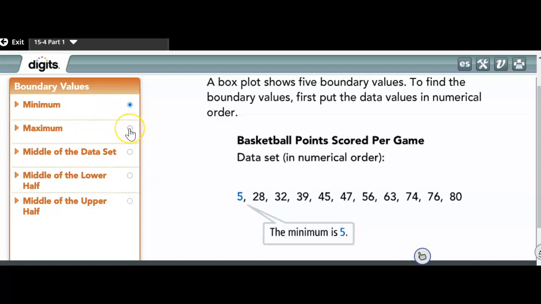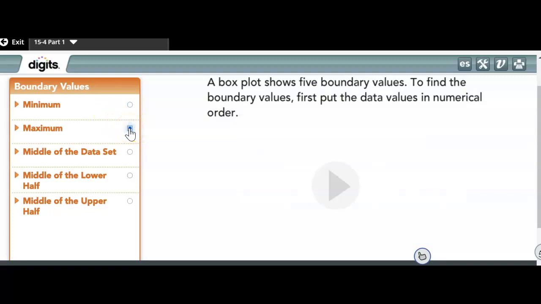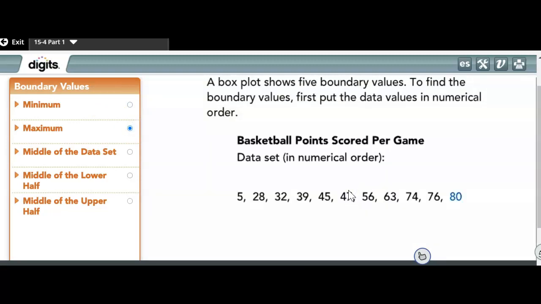You have maximum. The maximum is 80, which is the largest number. So next to maximum on your data set, put largest number.